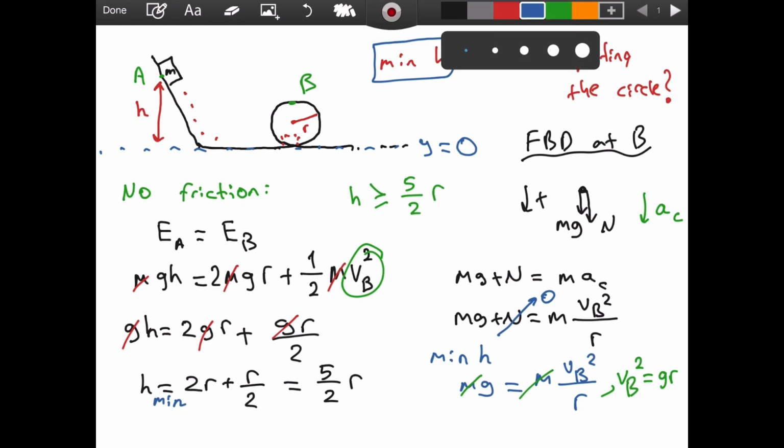And how did I arrive at this inequality? Well, I said I found the minimum case. That's where the equals comes from. And we know that h is going to be greater than or equal to 5 over 2 R, because if we release it from a very high point, it will have a huge energy, and it will easily complete the circle. Okay, that's how I was able to arrive at this inequality.